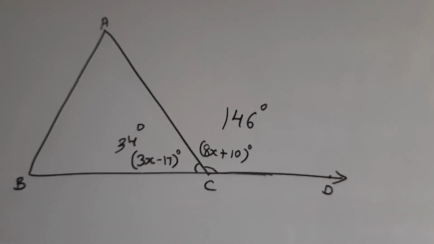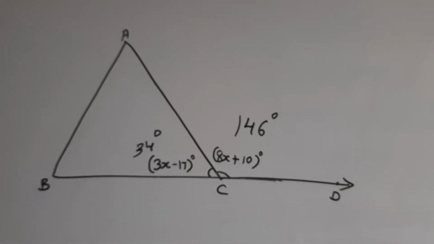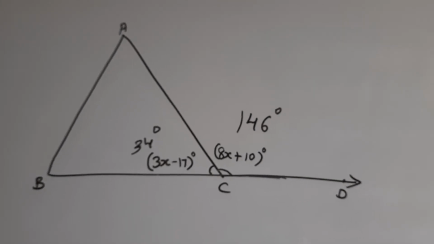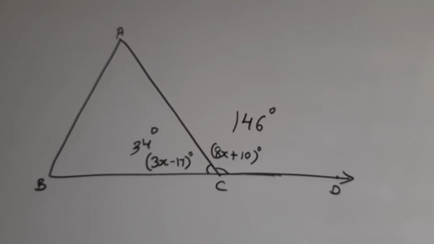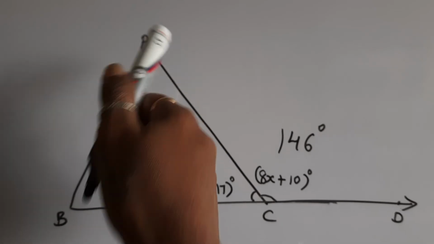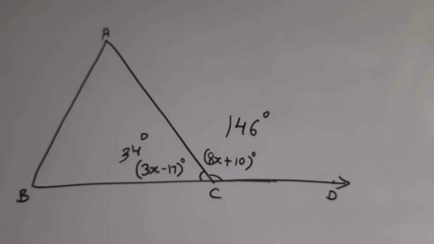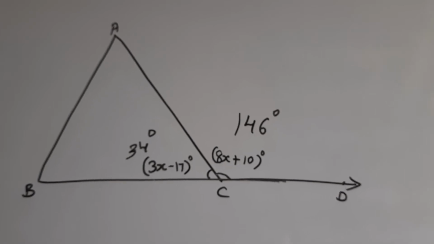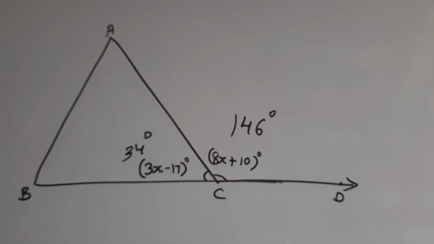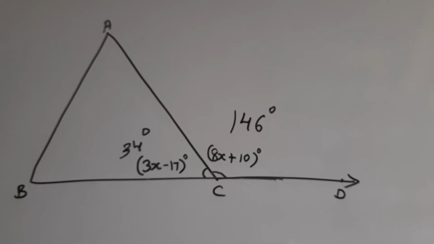Clear? Now look at it. Angle ACD is the exterior angle of triangle ABC, and now we have to find out angle A and angle B. So what are angle A and angle B to angle ACD? That's right, remote interior angles.